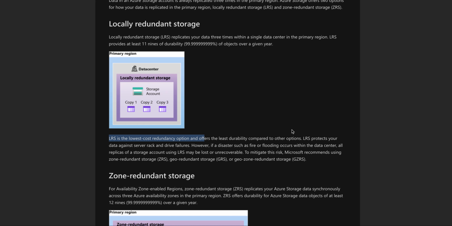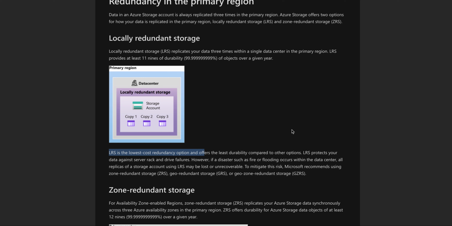Alright, so just to recap, locally redundant storage is basically about replicating data 3 times, but within the data center, and this helps in scenarios where in a data center you have a server rack failing.